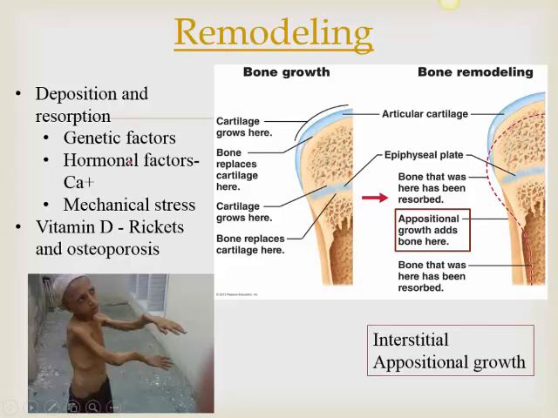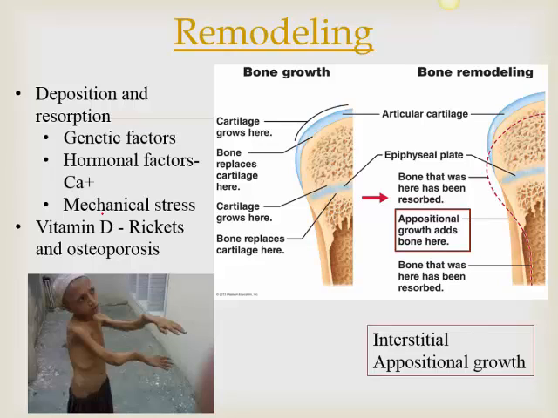Hormonal factors, for example, growth hormone that I mentioned. We also talked of parathormone and calcitonin, which are the two hormones. One deposits bone and one removes bone. And then mechanical stress that I just mentioned. Stress is always helpful. And by this we mean good stress, like you work out or you go on walks or something. You're stressing the bone and making sure that more bone is deposited and bone doesn't become brittle.